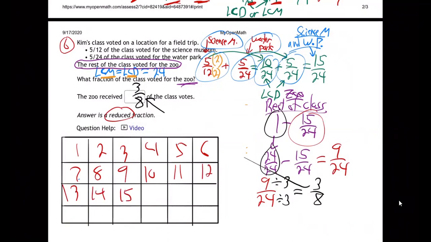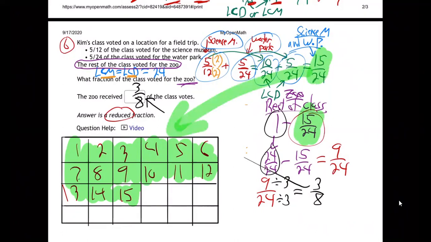All of these are the ones that voted for the Science Museum and the water park, right? And so then the rest of the class, which comes out to be what? 1, 2, 3, 4, 5, 6, 7, 8, 9.